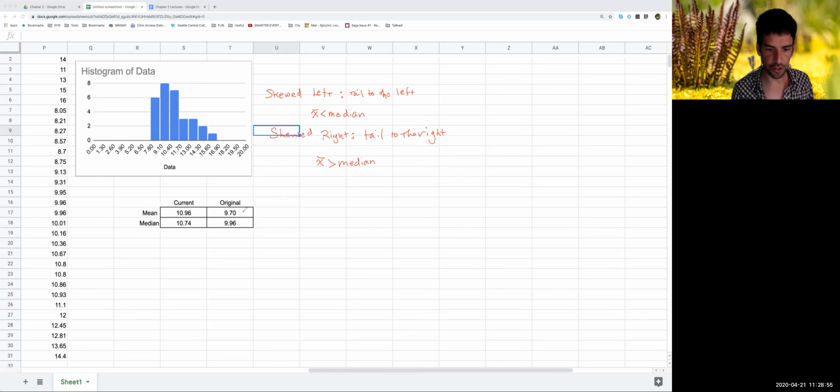Notice they've both increased. If you look down here at the originals, they've both gone up, but the mean has gone up much more, which is what we suggested last time, right? That the mean tends to react stronger to the movement of data. So we had all these data down here on the left, moved over here to the right, okay? And we get this skewed right diagram.